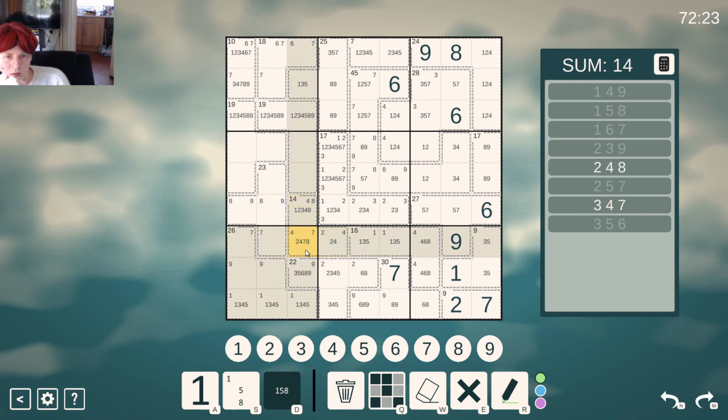Seven would give us 3, 4. Oh, 1's gone. Eight in neither of those spaces gives us 2, 4 in the others.